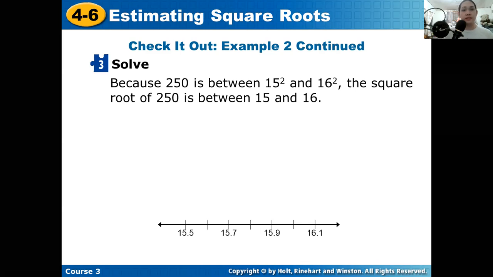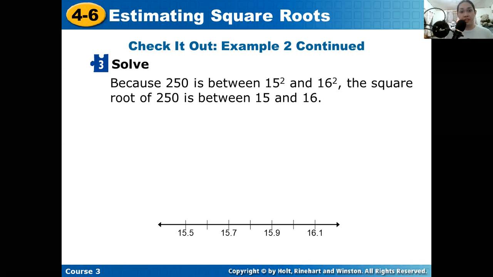And we know that 250 is between 15 squared and 16 squared. What is 15 squared? 15 squared is 225. And 16 squared is 256. In short, 250 is between 225, which is 15 squared, and 256, which is 16 squared.